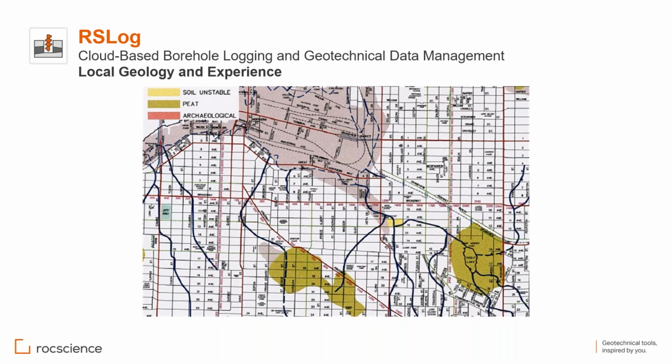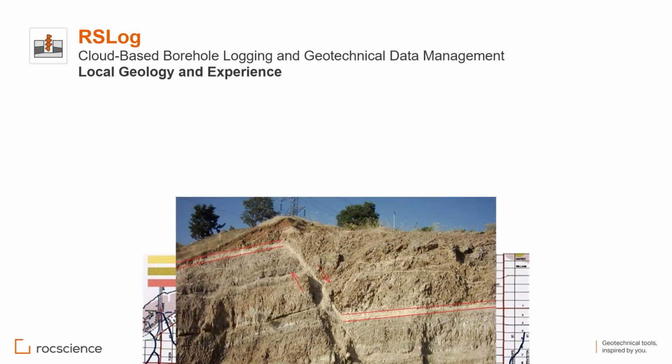For example, if in your area there is a map showing the peak bucket locations or potentially liquefiable material or zones in your city, or unstable soils, a map like this can help you a lot, because some of these may not be encountered during drilling, but if you know that they exist, you can show them somehow and include them essentially in your cross-section design.